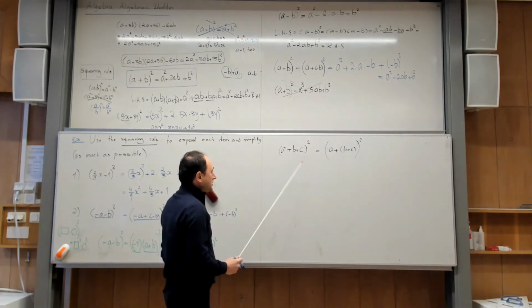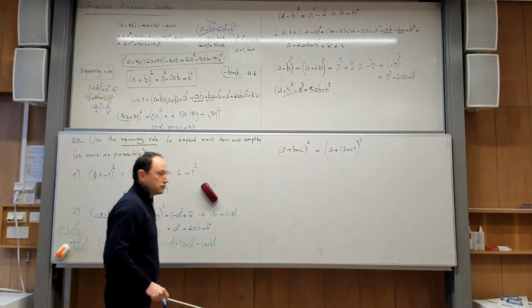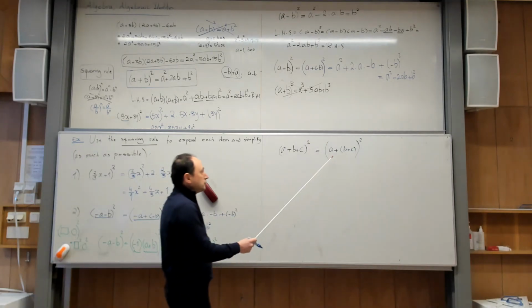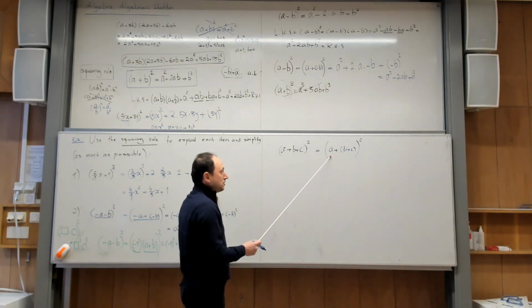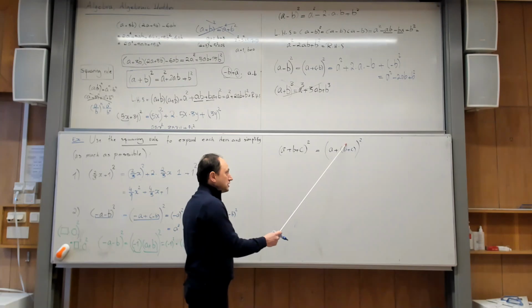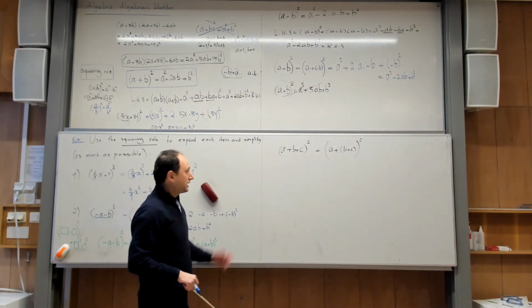Because in mathematics, usually we want to get rid of pairs of brackets. Here I am bringing in an extra one. There should be a reason that I am doing this. There is a reason. Now if I ask you, can you view this as the sum of two expressions? You would say yes. One expression is named a, the other expression is the pair of brackets b plus c. So that is the sum of two terms.